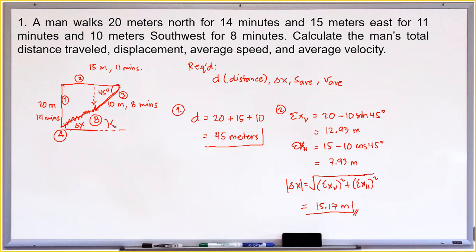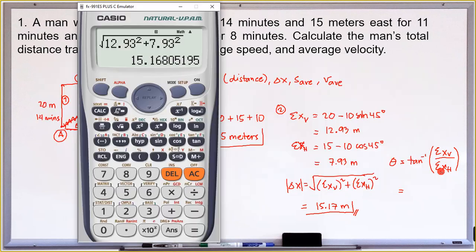So theta is simply the arctangent of the component vector along y, the vertical, over the summation of the horizontal. Just take the absolute values anyway. Let's interpret what the negatives in the vertical and horizontal would mean.